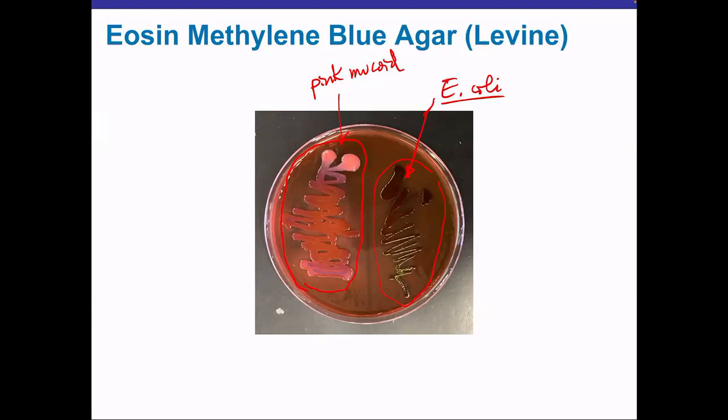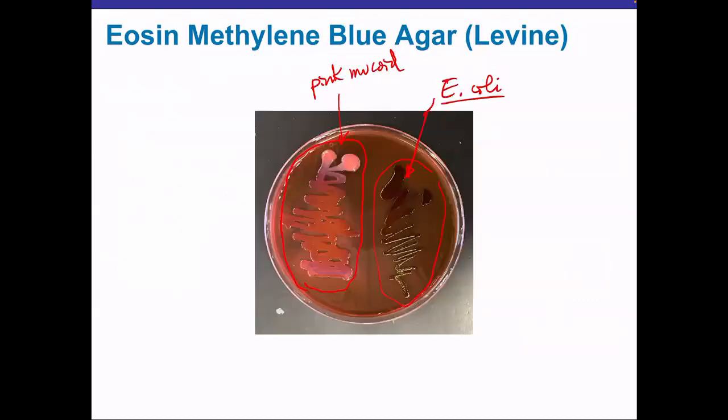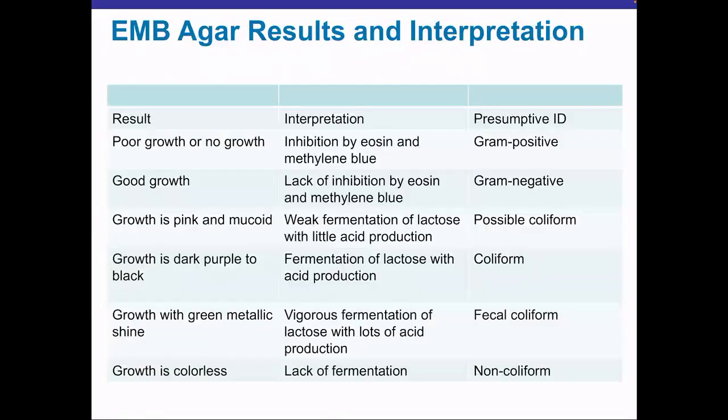And once again, if the inoculant that you are inoculating there doesn't show any growth at all, then you will be in the presence of a gram-positive that is being inhibited by the selective agents, which in this case are methylene blue and eosine white. This table, like in the other medium, is basically summarizing the potential results that you may get, the interpretation, and the presumptive ID for the microorganism growing in this medium.